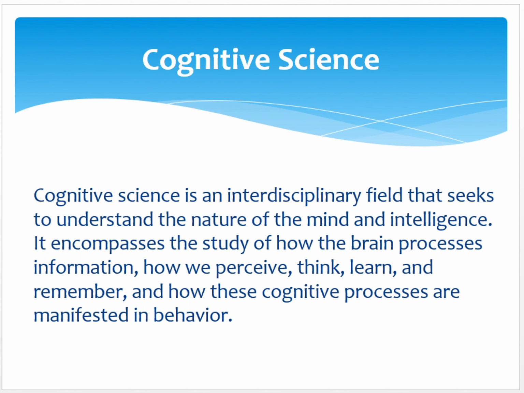So it's called cognitive science, an interdisciplinary field that seeks to understand the nature of the mind and intelligence, to study how the brain processes information, how we think, how we learn, and even how you behave. So that's what we call cognitive science. That idea of studying how the mind operates is what we call cognitive science.